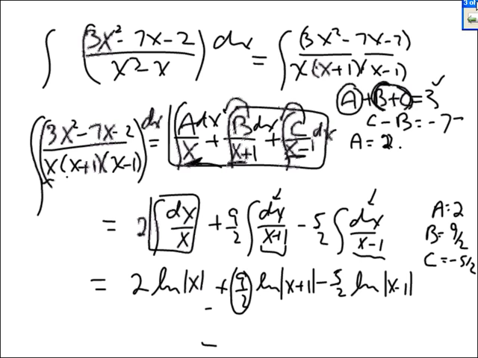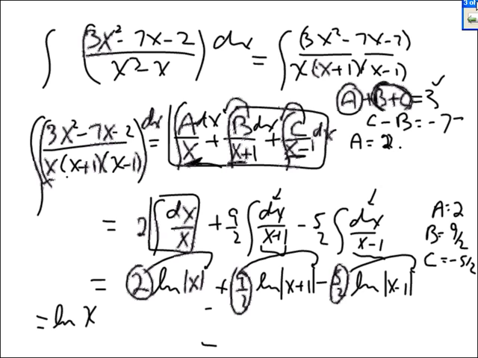I can bring these numbers up. So I get ln of absolute value of x squared. But x squared is never negative, so you don't need the absolute values anymore. Plus ln of absolute value of x plus 1 to the 9 halves minus ln of absolute value of x minus 1 to the 5 halves. I'll write this as 1 ln.